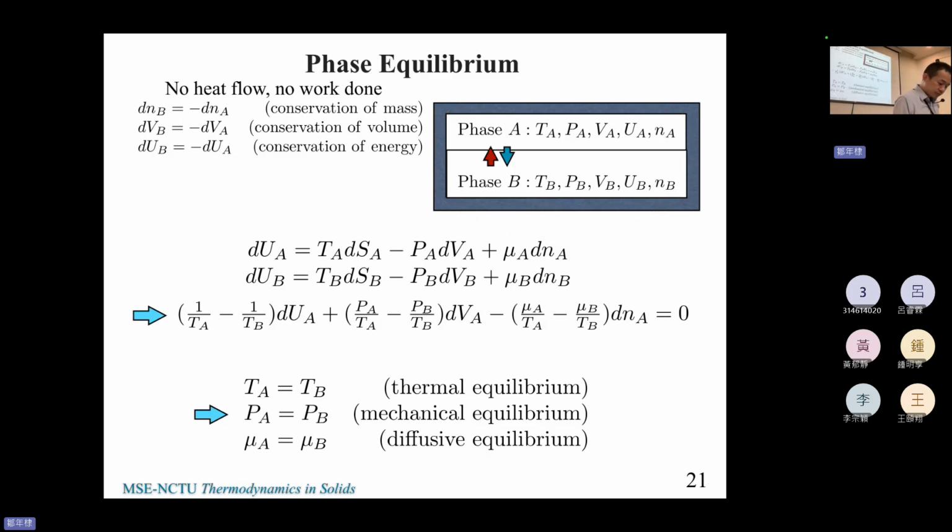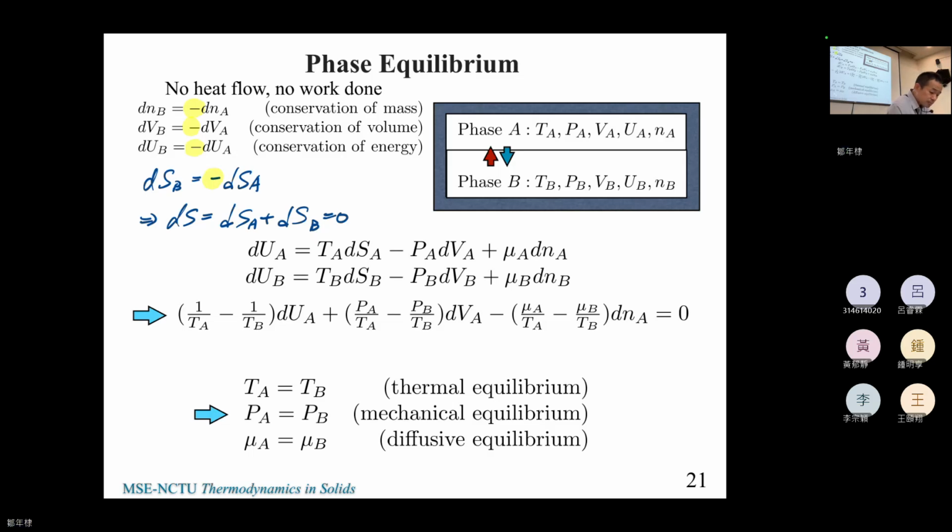Now just to let you know this is a minus sign because they have opposite signs. Of course, dSB equals minus dSA. Again, minus sign. So dS equals dSA plus dSB equals 0.